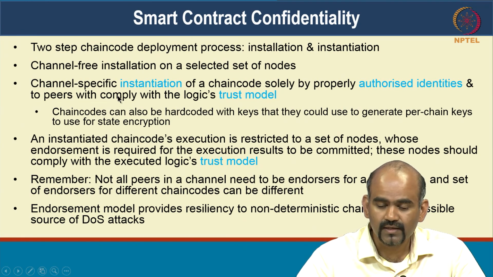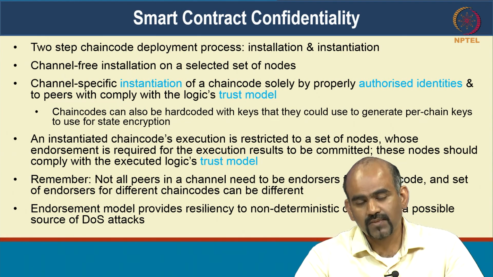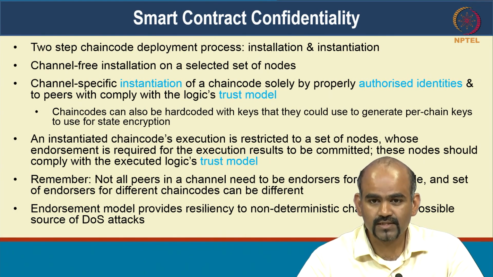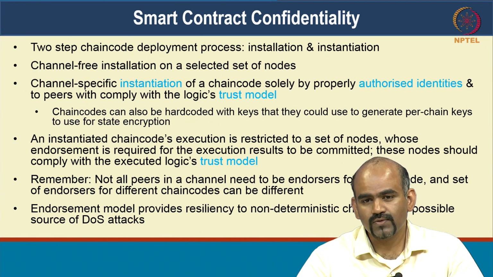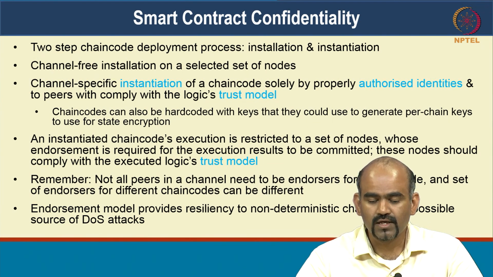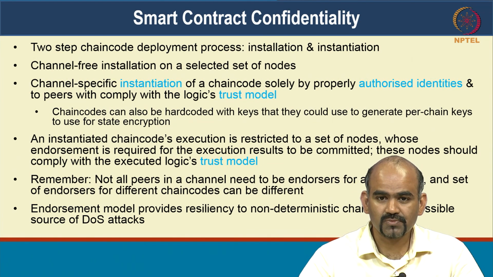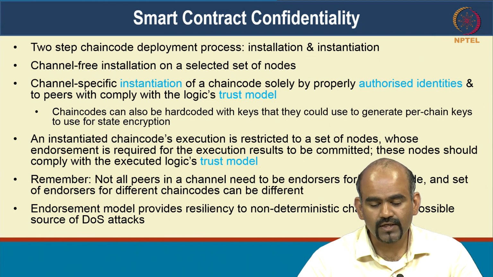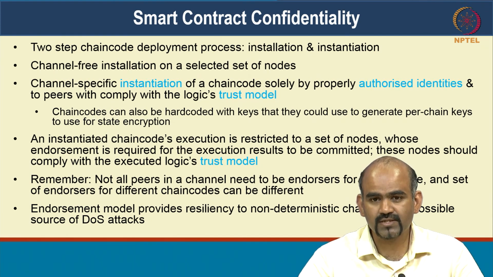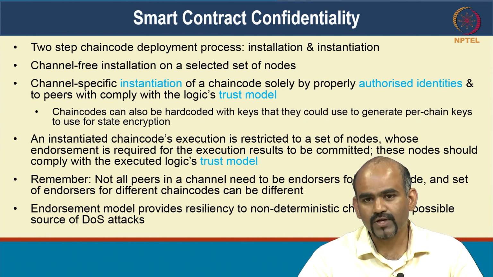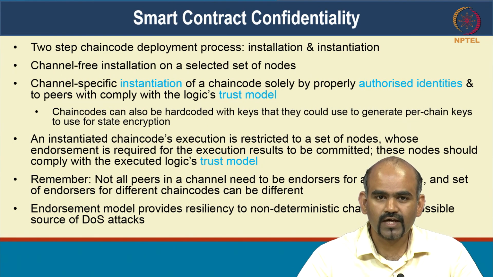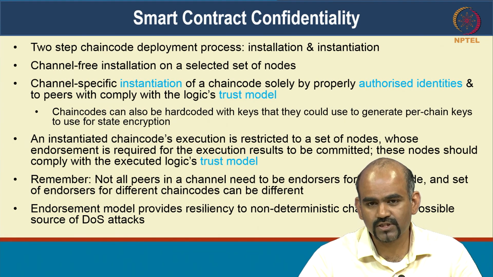So the fact that endorsers can be a subset of all the entities in the channel means that the logic only needs to reside with the endorsers. Let's say my channel has 10 participants. I can say only 5 of these 10 participants, a specific set of 5, are going to be endorsers, right? So only those 5 will then have the chain code logic.